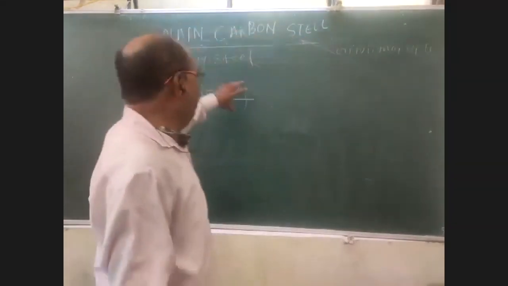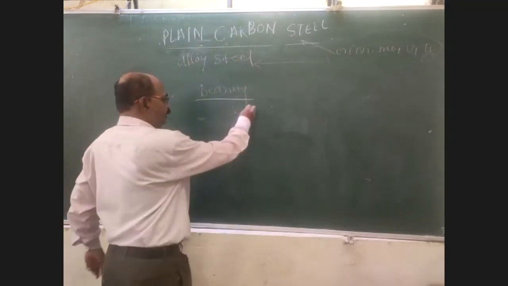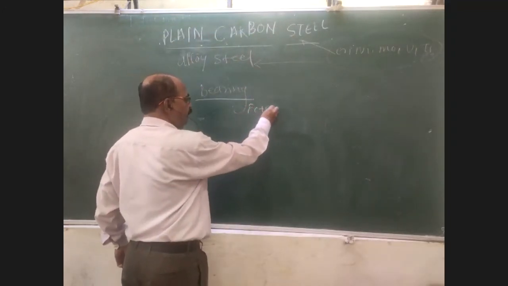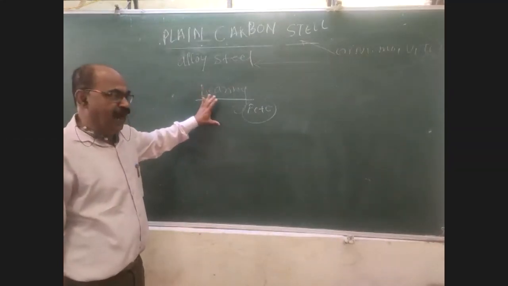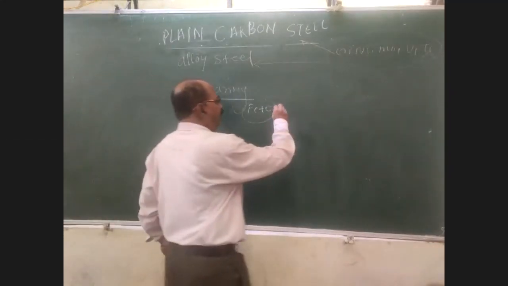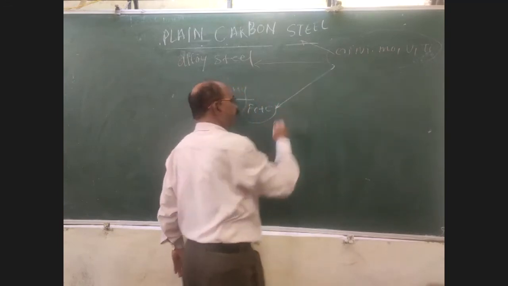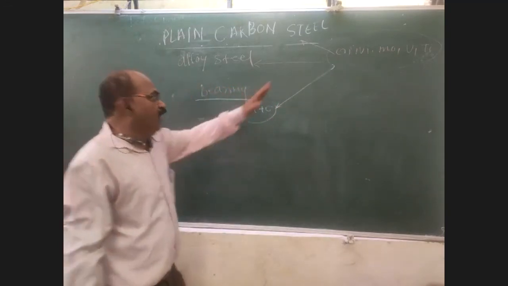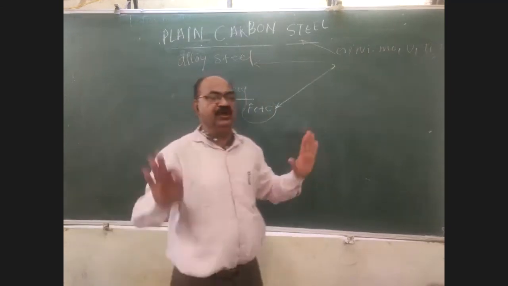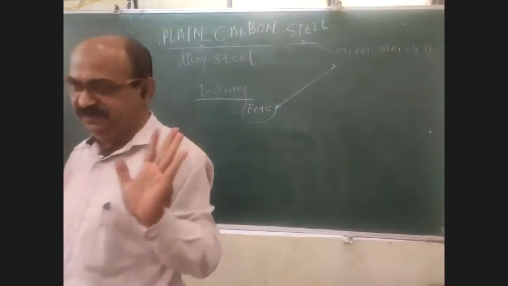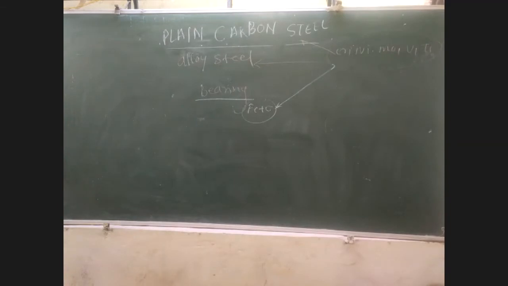What does it contain? Fe and carbon are always there in the bearing material. In addition to this, we can add alloying elements. Why are we adding these? In order to improve the mechanical properties.